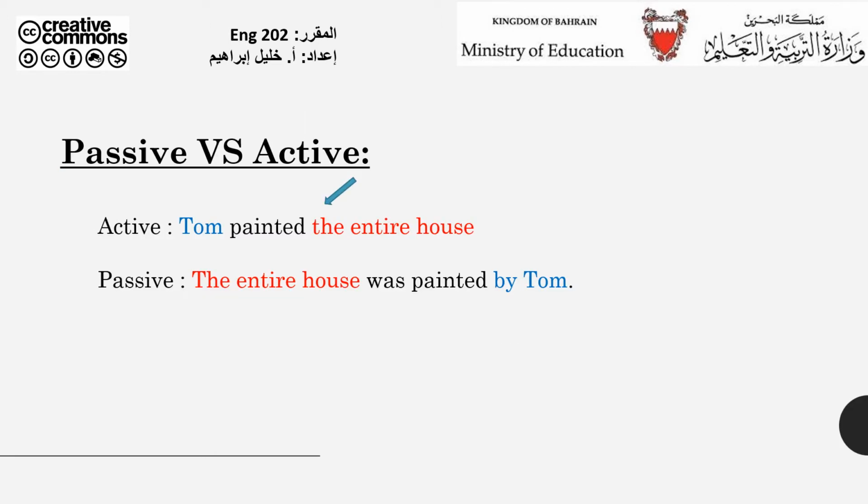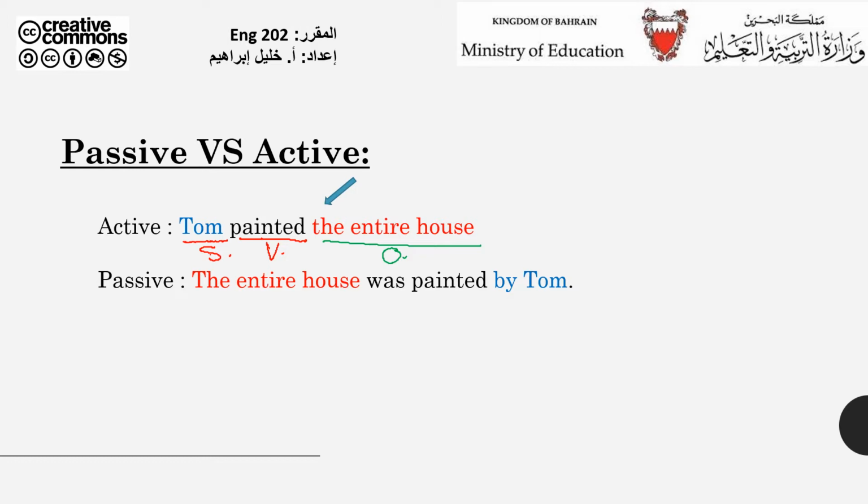Look at these two examples. Number one, Tom painted the entire house. Tom is the subject of the sentence. Painted is the verb. The entire house is the object of the sentence.